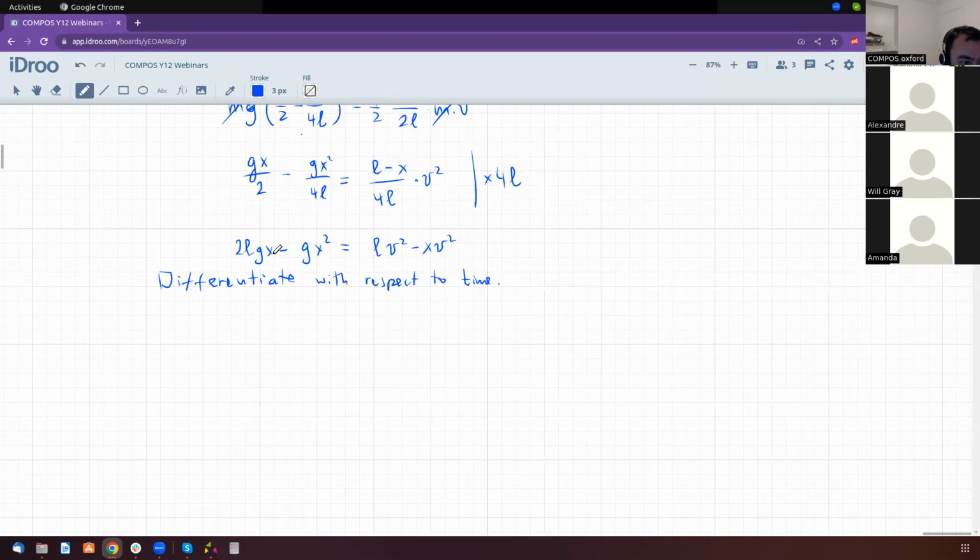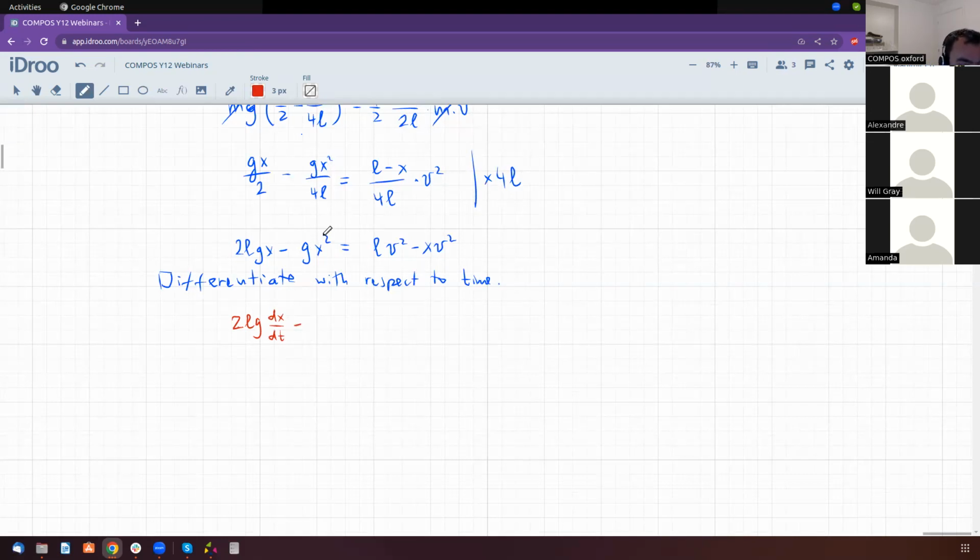So the derivative of the first bit is just 2Lg dx/dt, which is v. Okay, you know what? I'll just write dx/dt. x dot, you mean? x dot is v.